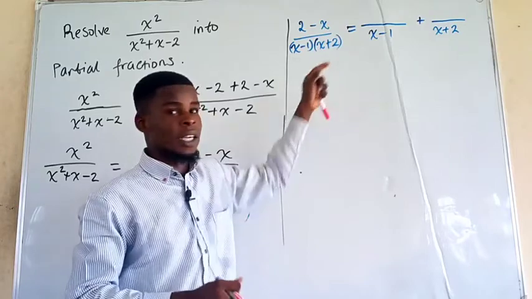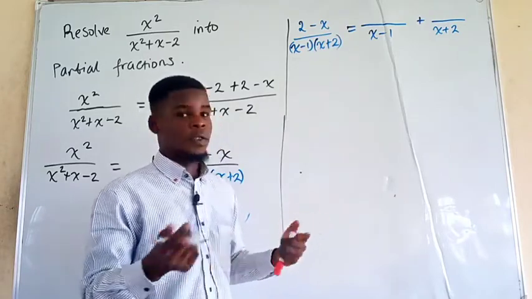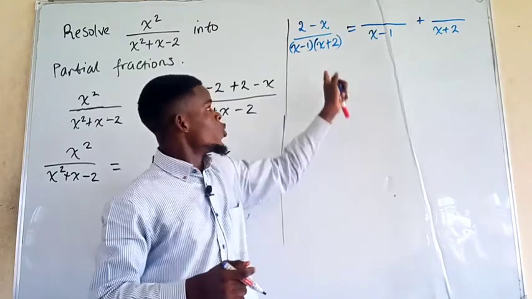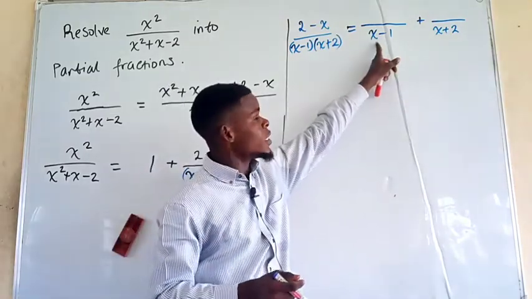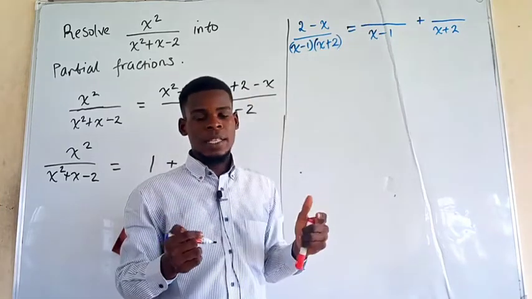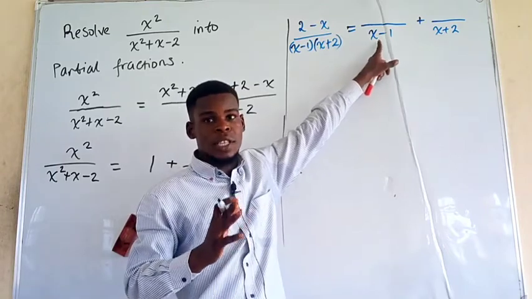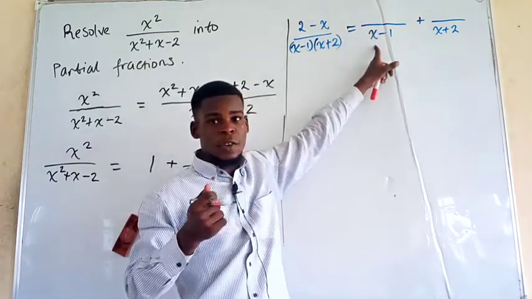Now, when we have linear factors like this, how do we go ahead and resolve it to partial fractions? You put down the linear factors. Since this is linear, the numerator should be a constant term, that is, the degree of the numerator should be 1 less than the degree of the denominator.